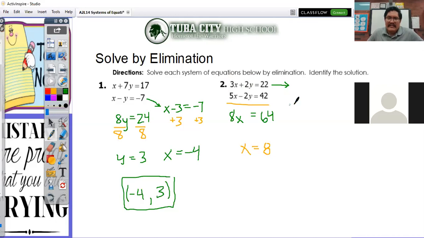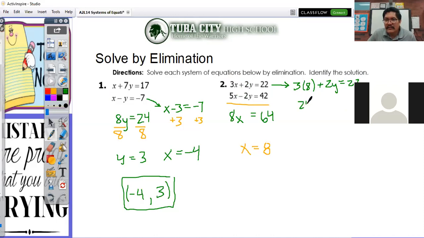The numbers are a little bit smaller, but in this case, I don't think that's really gonna help out significantly. So 3 times 8 plus 2y equals 22. I also wanted to pick the top one because the y is already positive. That way I don't have to divide both sides by a negative.